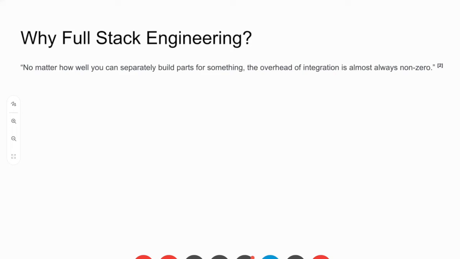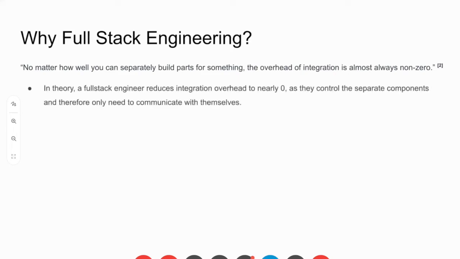And sometimes it leads to a complete revamp of the application, because if you don't communicate, things might really go bad in software engineering. So that is why the role of a full stack engineer is very important, because if he's taking care of both the aspects, in theory the overhead of integration is close to zero.